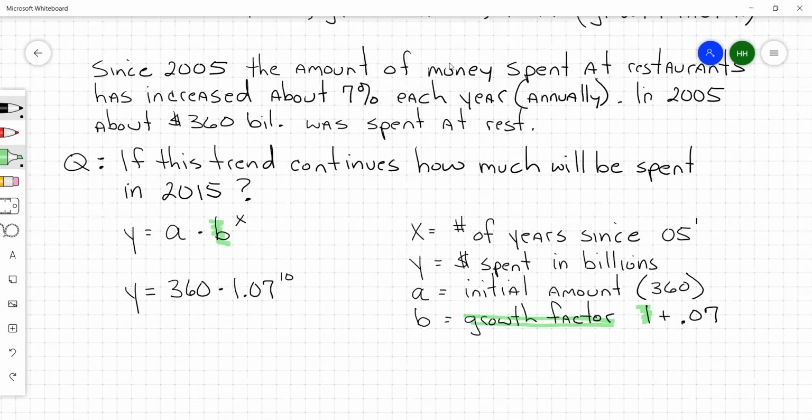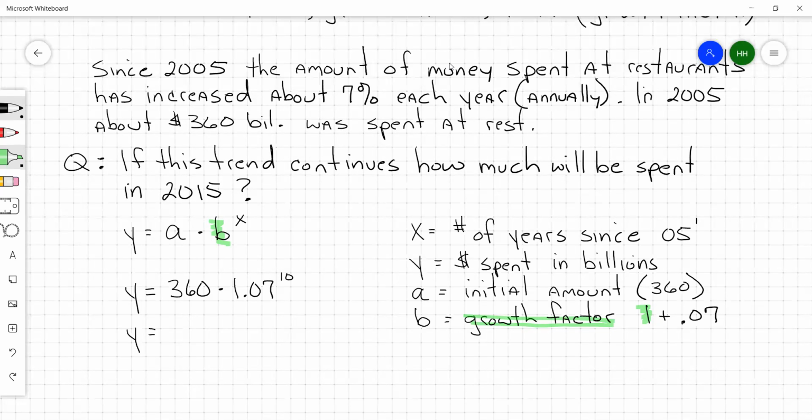All right, so now with your calculator, you can evaluate this function. I'm going to take my 1.07 to the 10th power first. You can use the y to the x button to raise that to the 10th power.